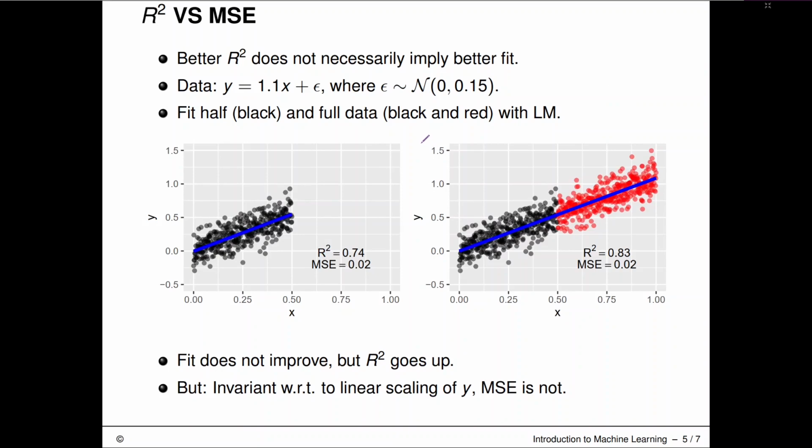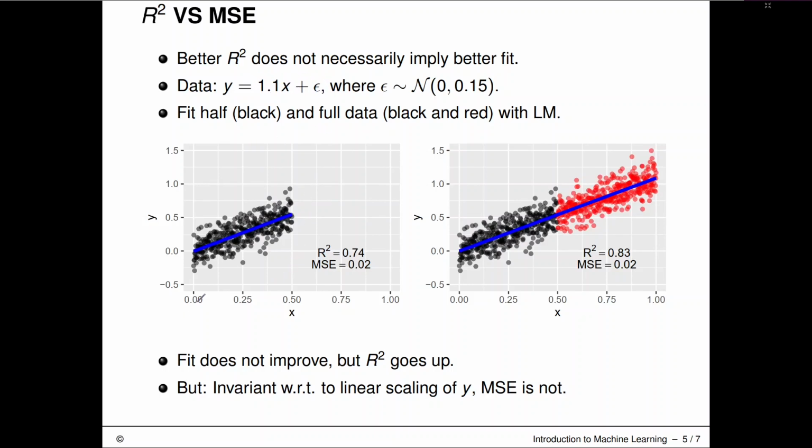Before we generalize that, let's take one look at an interesting counterexample where R-squared does not necessarily imply a better fit. Here we are using a really simple data situation where we are sampling our observations from a simple straight line with some Gaussian noise on top of that.